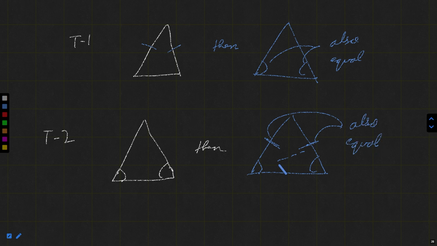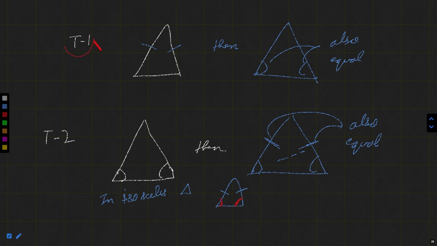So from this you can say that in isosceles triangles we have a property: if this is my isosceles triangle, then these angles must be equal. Always remember this property.